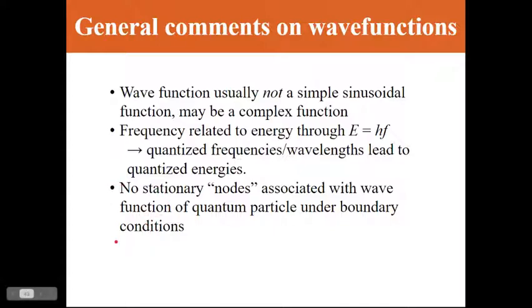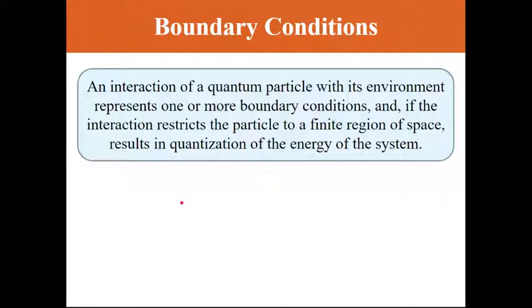And there are no physical nodes in quantum mechanical wave functions. There's no point where something's tied to the wall, in the same way that it is for a real mechanical wave.